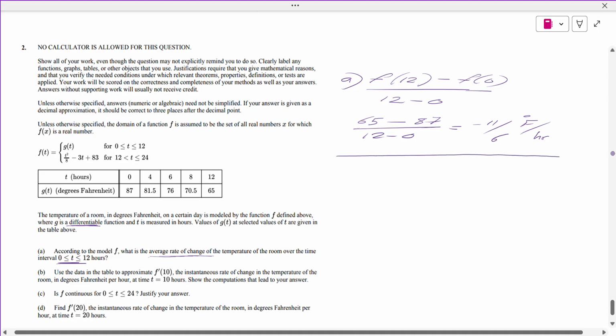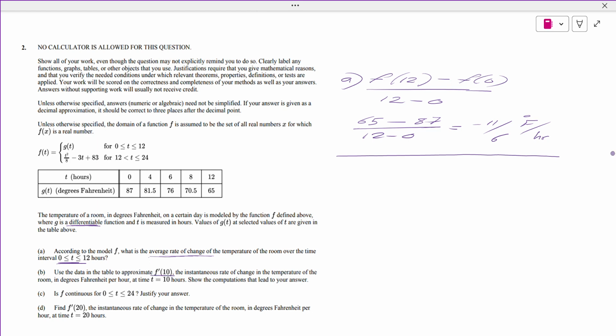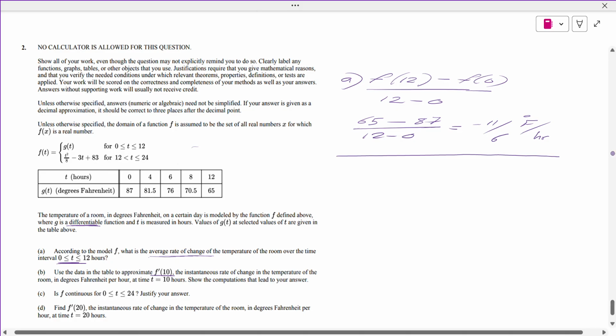Part B says use the data in the table to approximate f prime of 10, the instantaneous rate of change in the temperature of the room in degrees per hour at t equals 10. Show the computations that lead to your answer. So we know that 10 lies here, right?